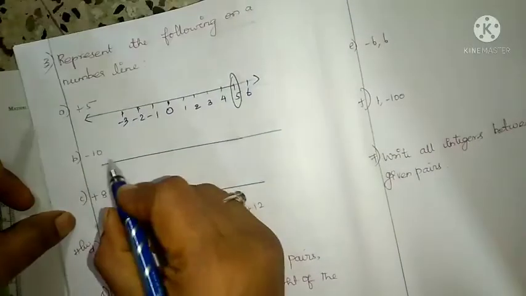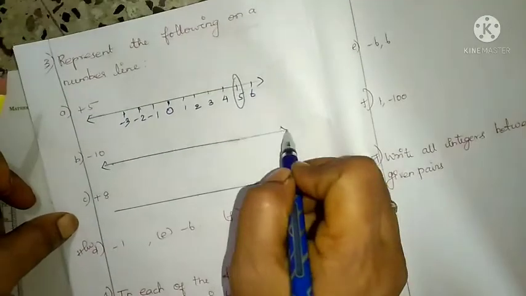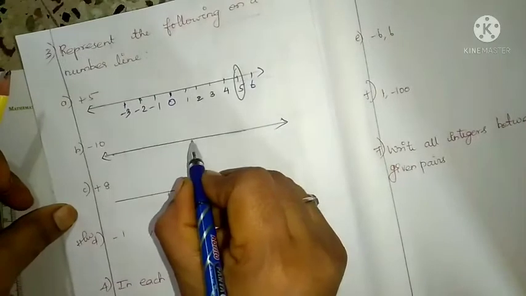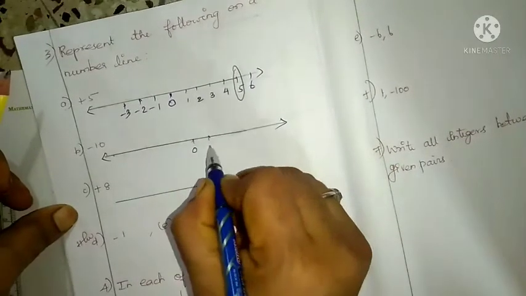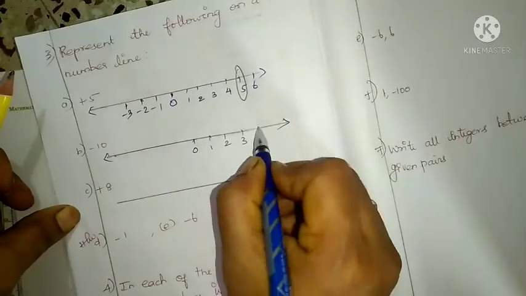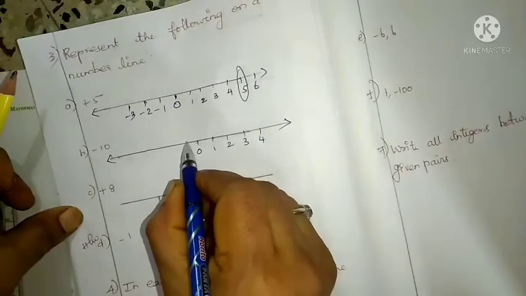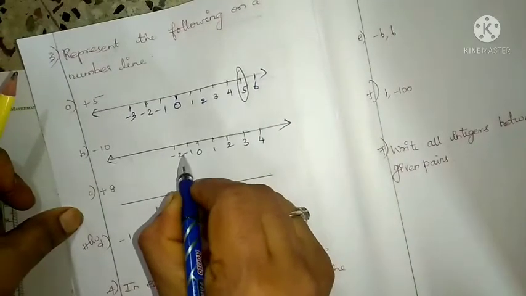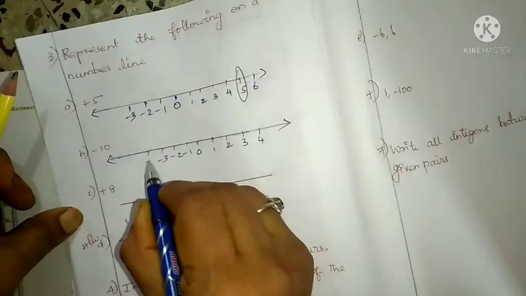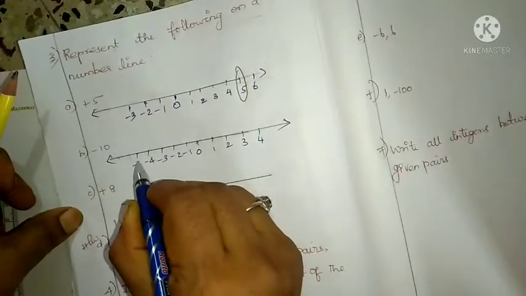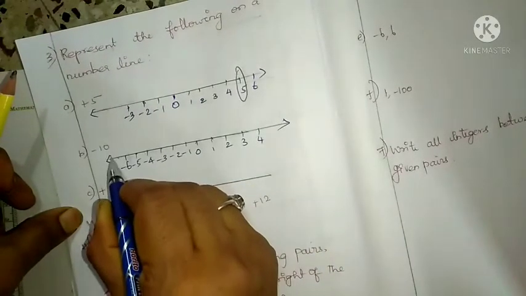The next one. In the middle you write 0, then 1, 2, 3, 4, etc. This side -1, -2, -3, -4, -5, -6, and it goes on.